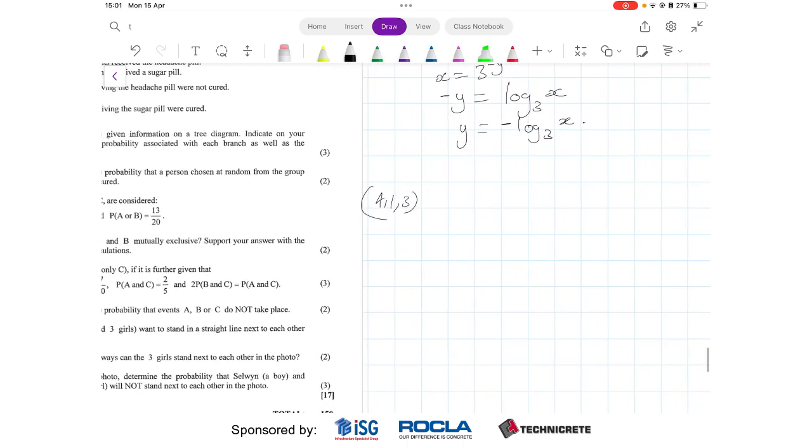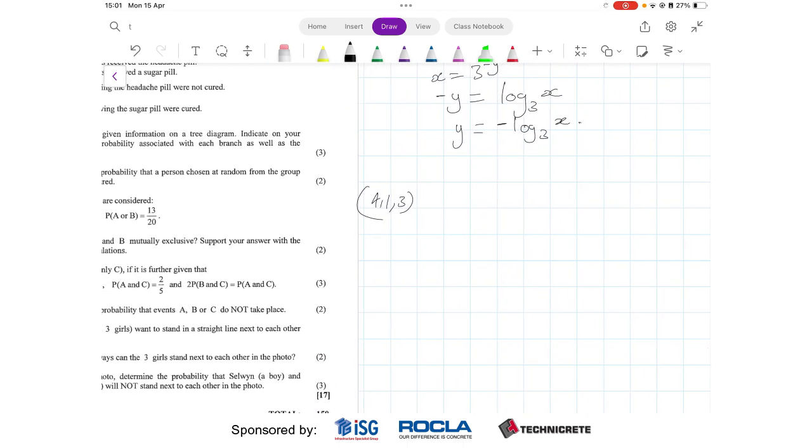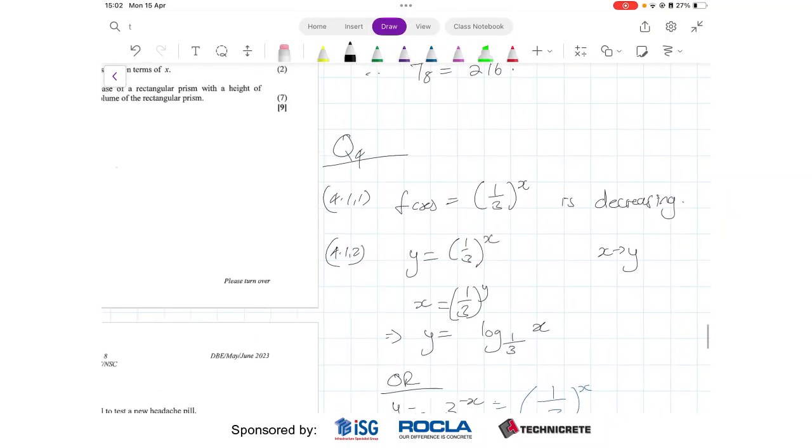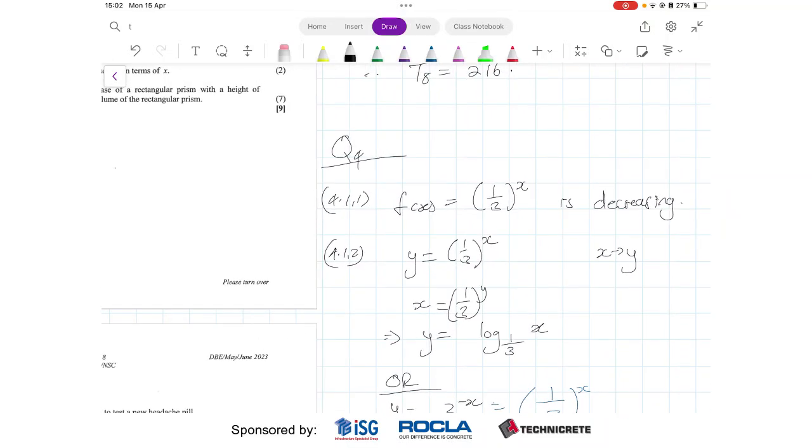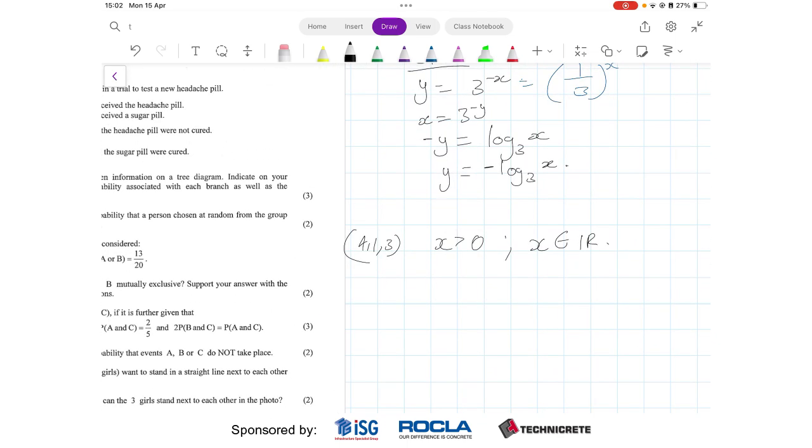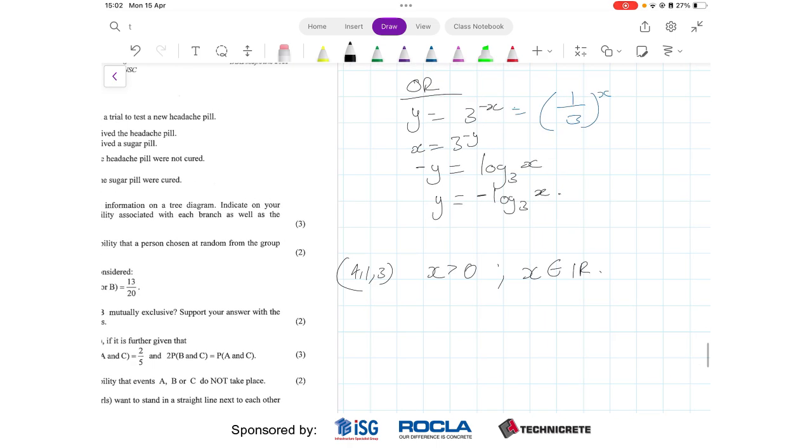So for our domain, we're going to say that x is greater than 0, such that x is an element of the real numbers. Your x can take on literally any value that is above 0, and as long as it's above 0 and is an element of the real numbers, then it suffices as the domain.